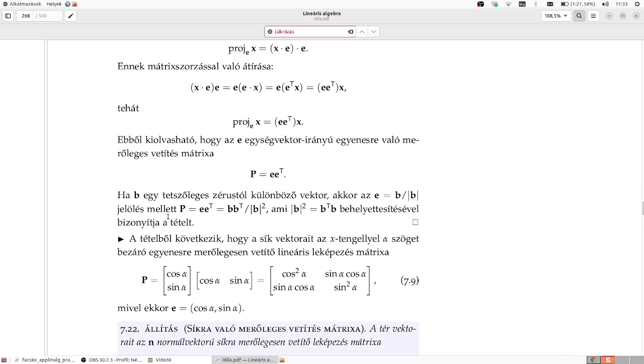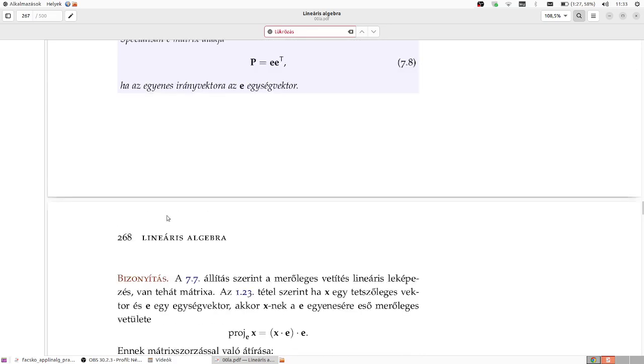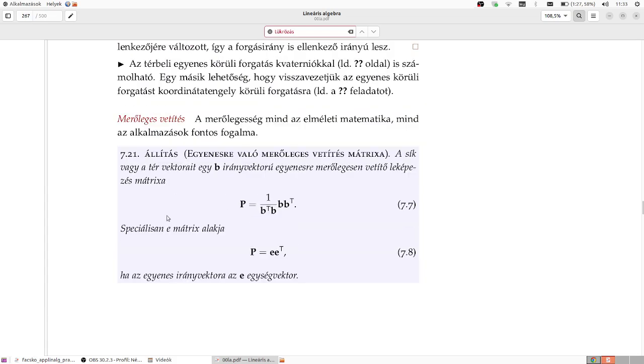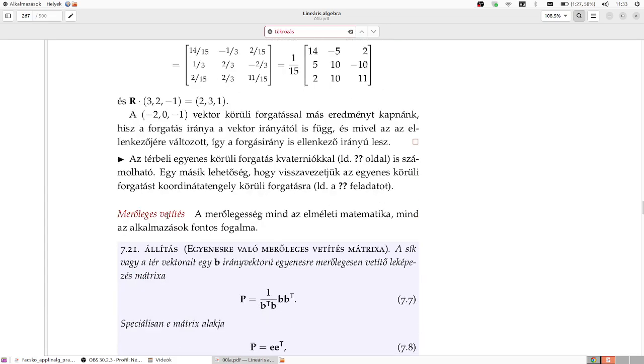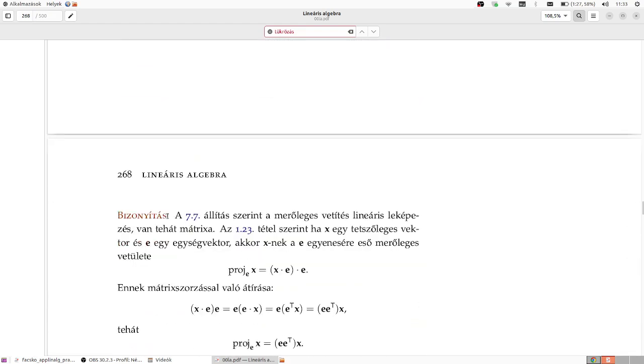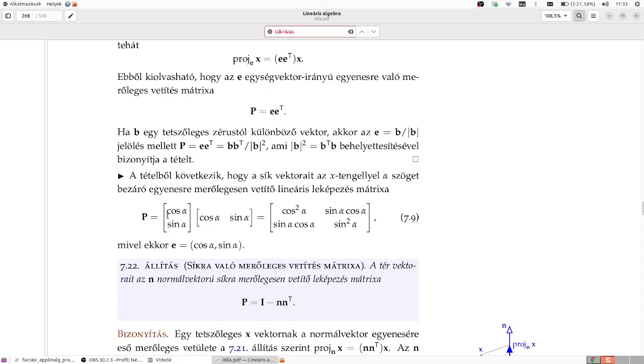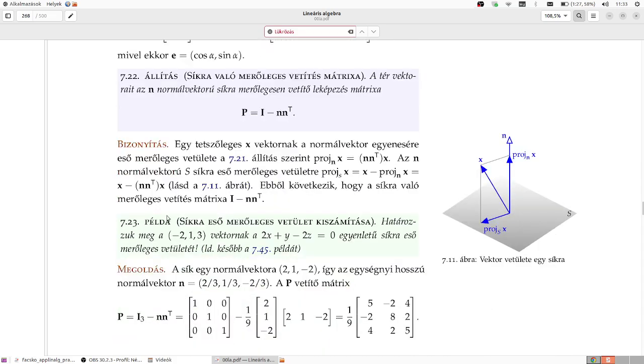There is 1 over 9 there. Wait. Here is 1 over 9. I don't know why 1 over 9 is there.